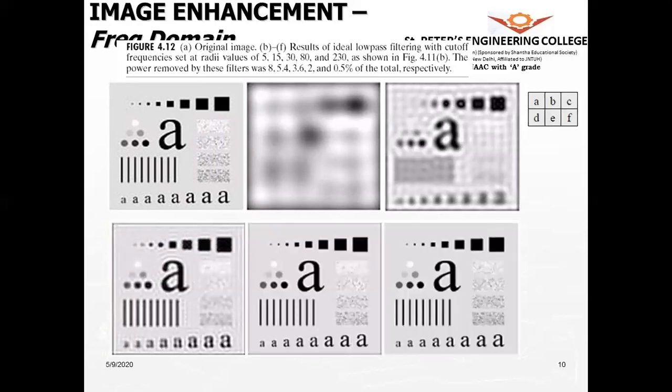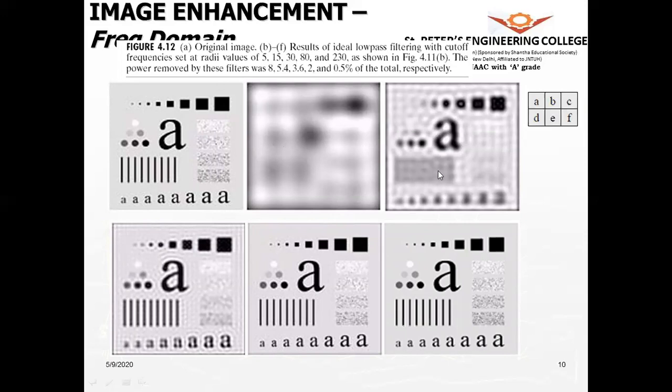Now let us look at this same image, and we are going to filter this image using ideal low pass filter of different radius, 5, 15, 30, and so on. Let us see what is the result we have obtained. This is for using 5, 15. So what we have observed here is there is blurriness, and there are some different effects here.